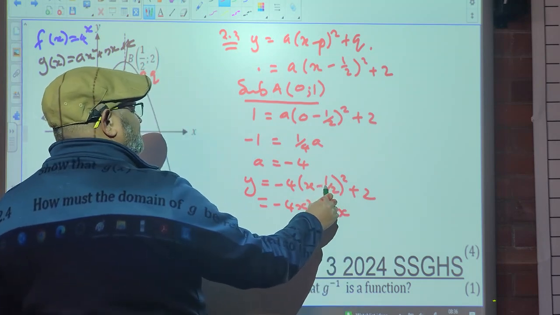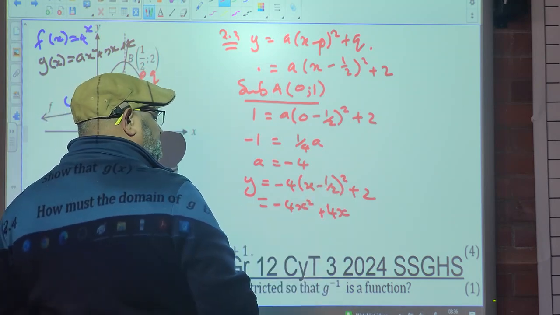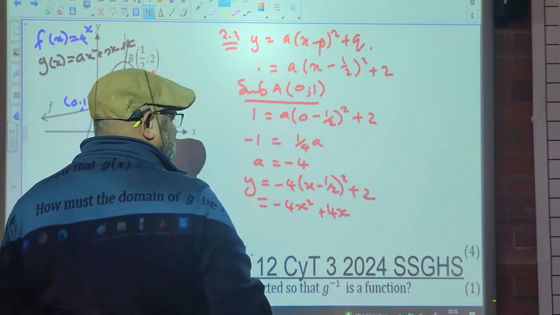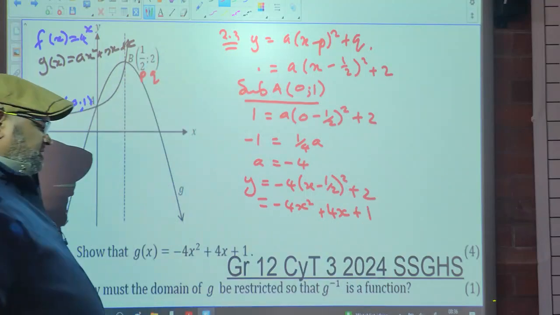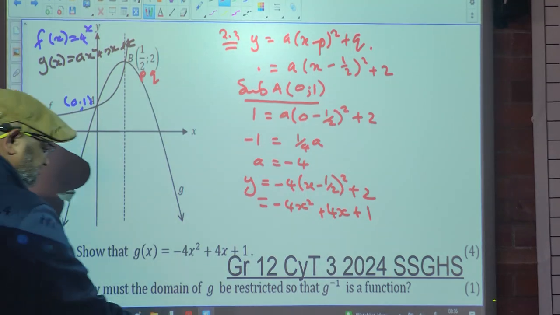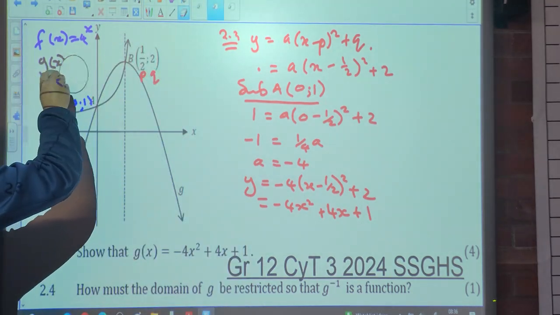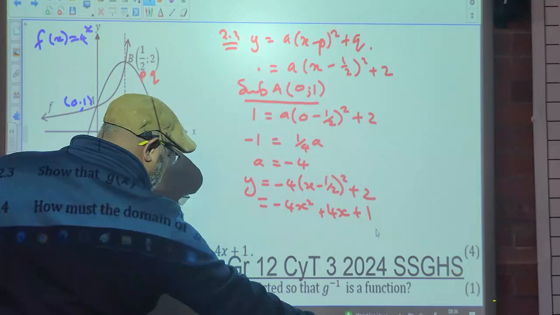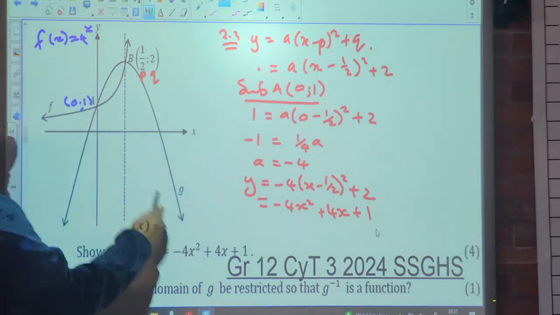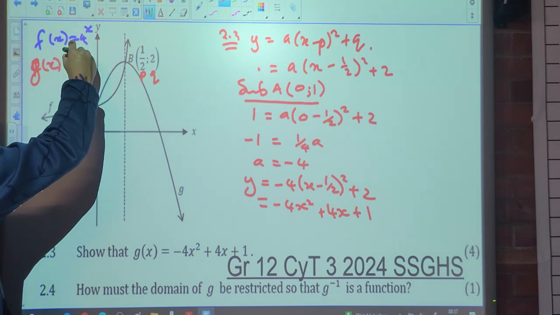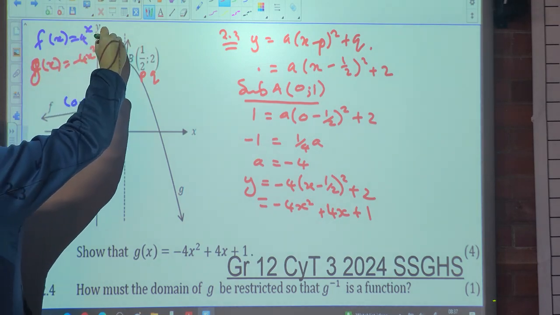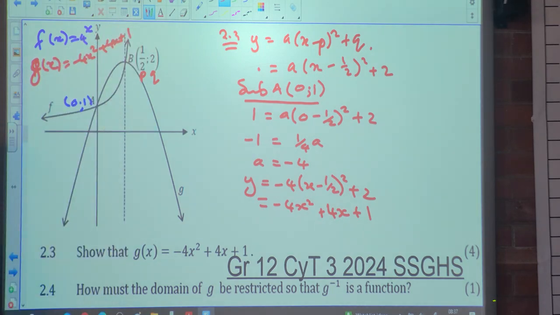And then negative a half squared is a quarter, times negative 4 is negative 1, plus 2 is 1. They have proven what they asked me to. So g of x is equal to negative 4x squared plus 4x plus 1.